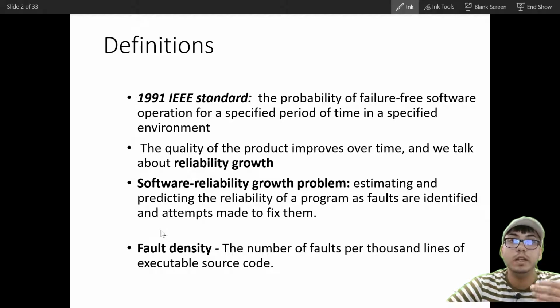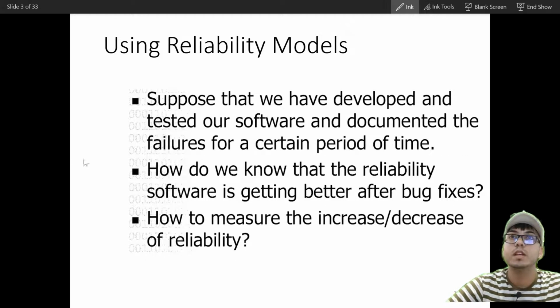In the software reliability growth problem, the quality of the product improves over time. So using a reliability model, suppose that we have developed and tested our software and documented the failures for a certain period of time. How do we know that the software reliability is getting better after bug fixes?